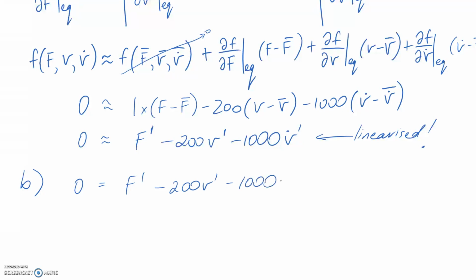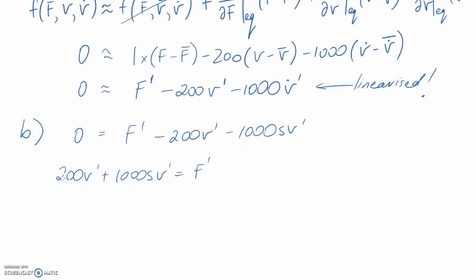So when we Laplace it, it's going to get an s. Next what I might do is swing these two terms to the other side of the equation. So 200 plus 1000s, v dash, is equal to f dash. And then we might factorize. So we're going to get 200 plus 1000s times v dash is equal to f dash.